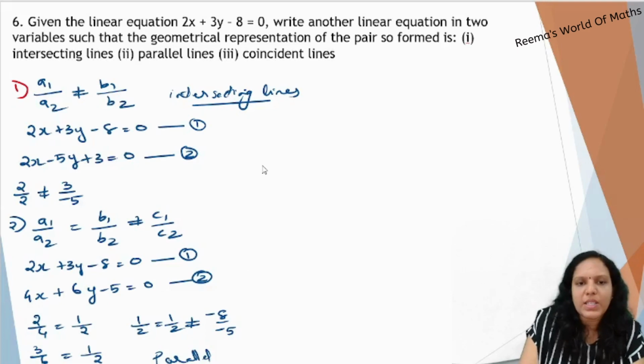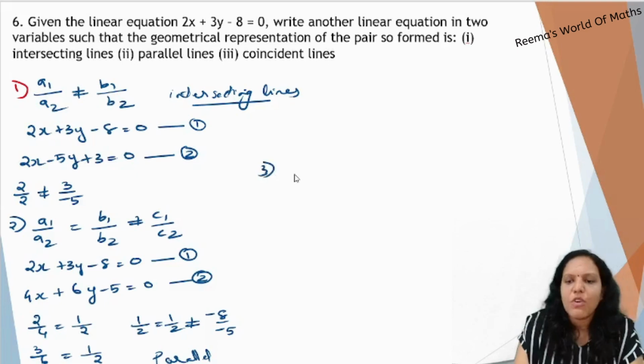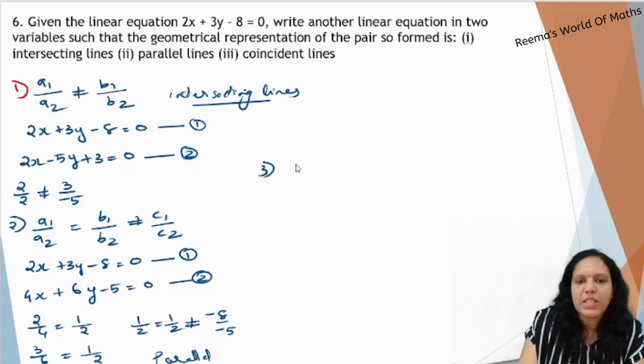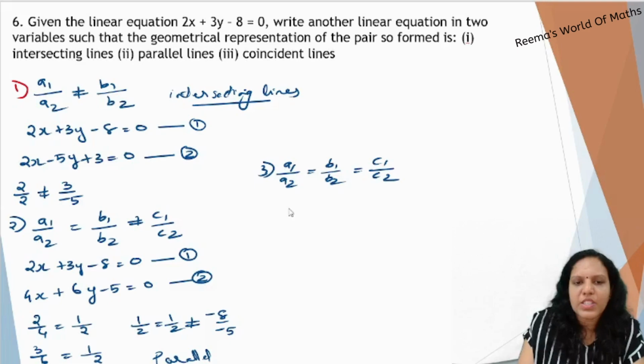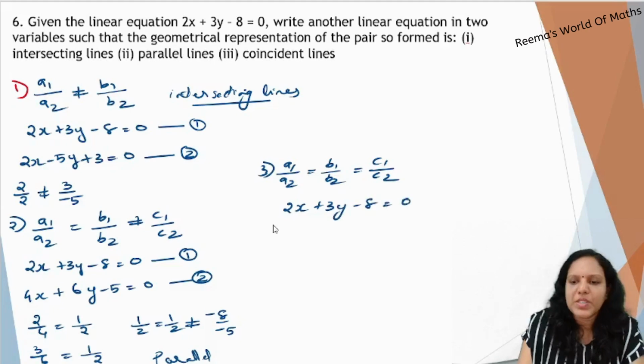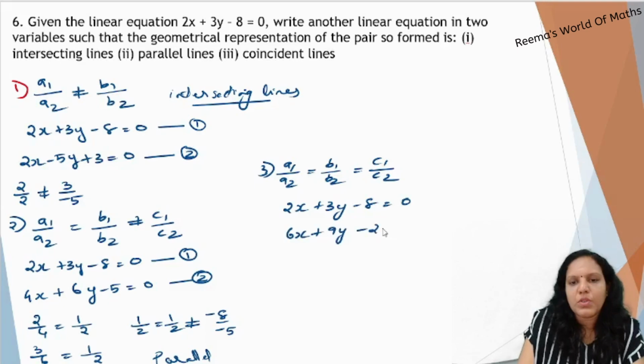Now for the third case, we need coincident lines. For coincident lines, the condition is a1 by a2 is equal to b1 by b2 is equal to c1 by c2. Now let's find another equation. We have 2x plus 3y minus 8 equals 0. We can multiply this by 3, so that will be 6x plus 9y minus 24 equals 0.